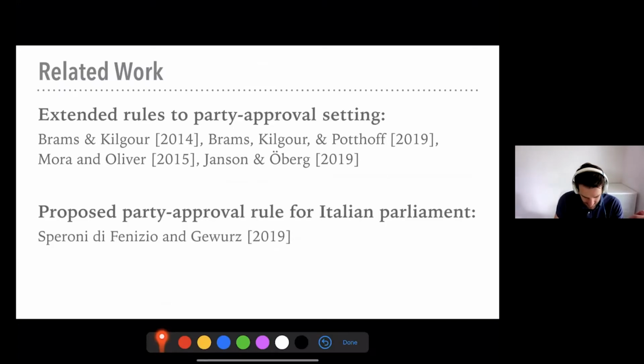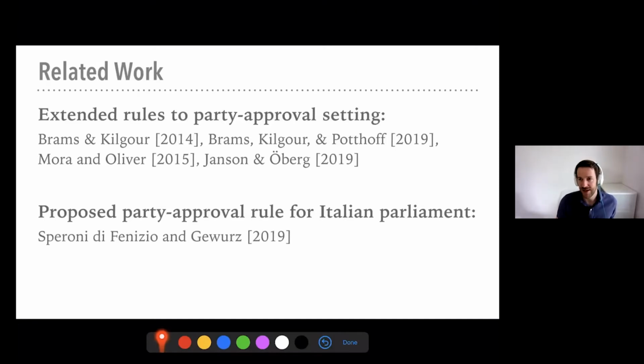And quite interestingly, there's also a quite recent paper in which two Italian authors proposed to use one specific party approval rule for the Italian parliament. They were motivated by the fact that in Italy they tend to have lots of small parties, and it's hard to form a governing coalition.